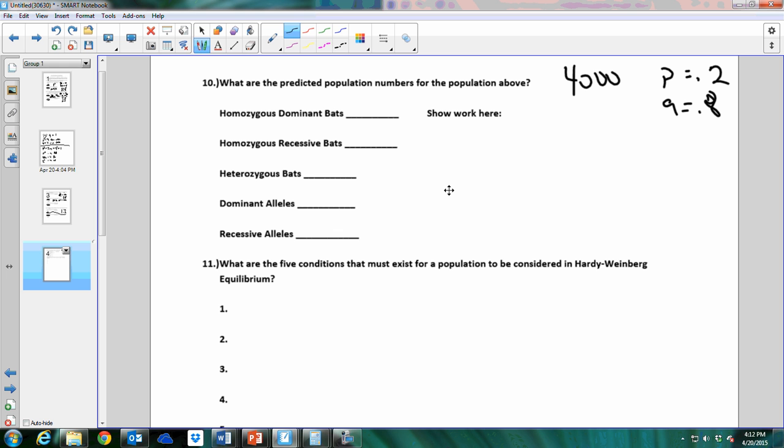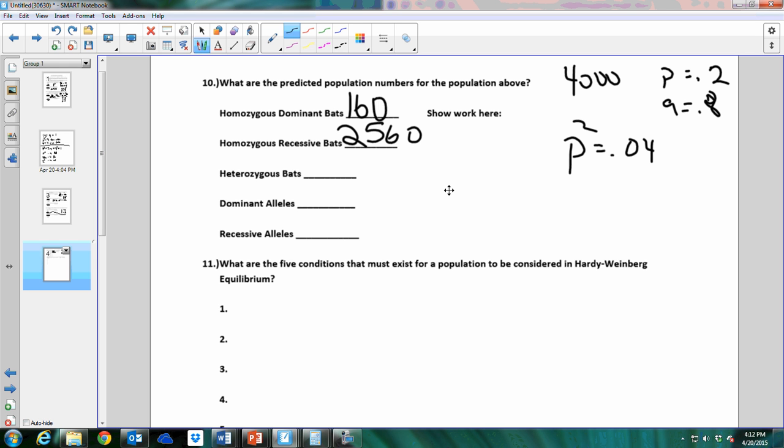Homozygous dominant bats, that's p squared, or 0.04 times 4,000. What is that? 160. Homozygous recessive, that's q squared, so that's 0.64 times 4,000. What is that? That's 2,560.